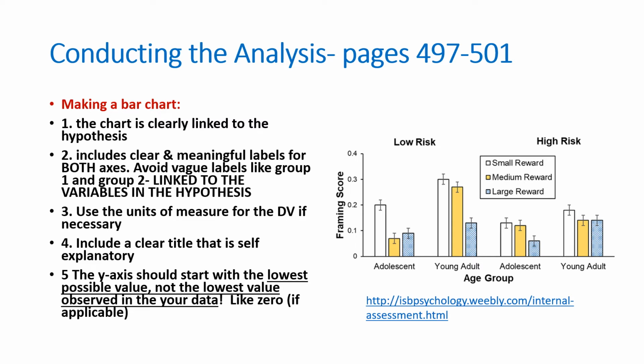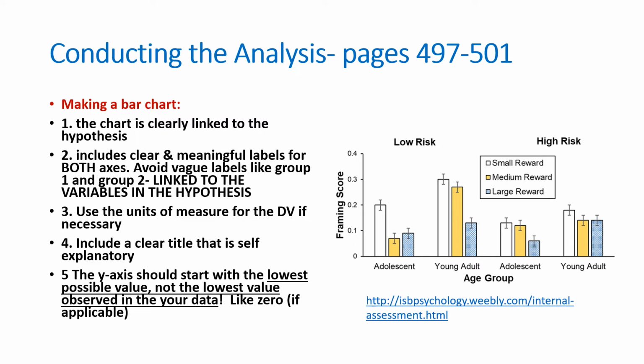So in this example on the right, age group is my independent variable, and my framing score is my dependent variable, and it's very clear that those are the things in my research hypothesis, and the statistics show those two variables in my chart as well.